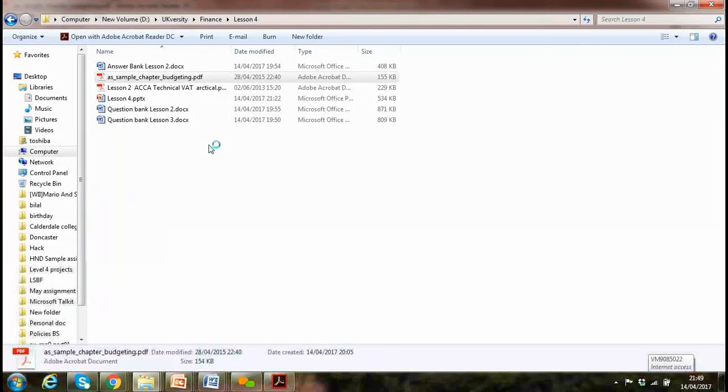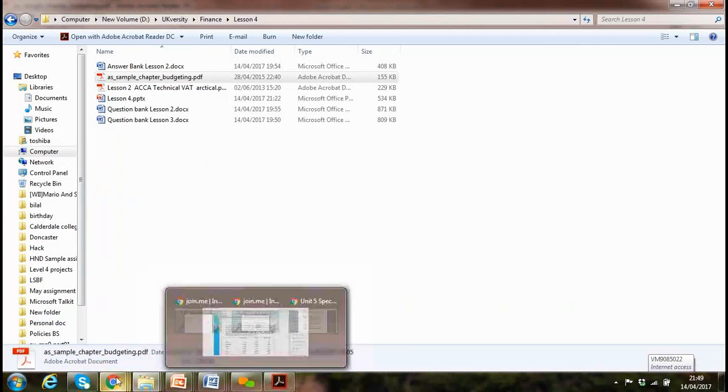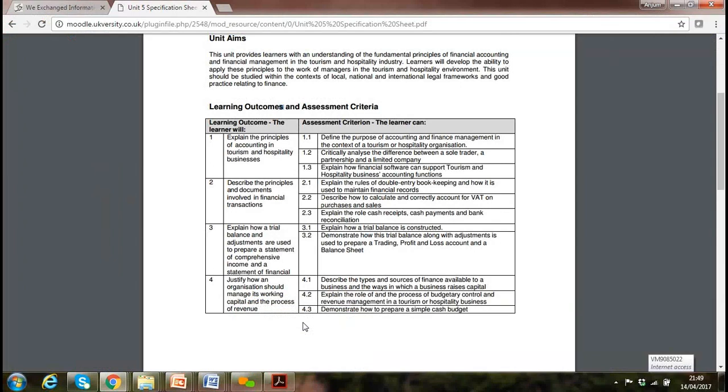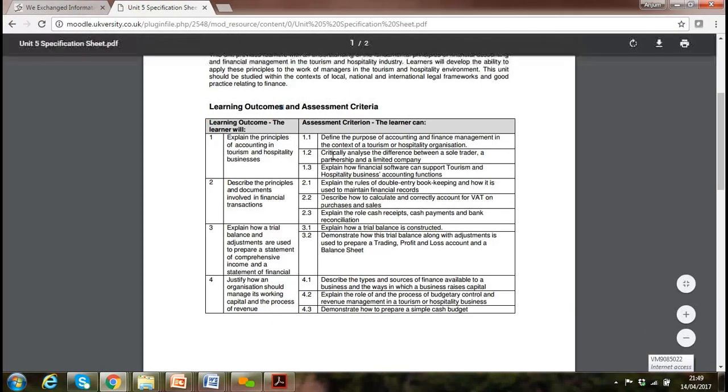And the cash budget examples that you would have sent, we could use one of those to demonstrate how to prepare it based on the learning outcome. If we go through the learning outcomes, the first is to define accounting, which is straightforward. Second is to critically analyze the difference between sole trader and other types, which I'll give you now, the slide is at the end of the slides.